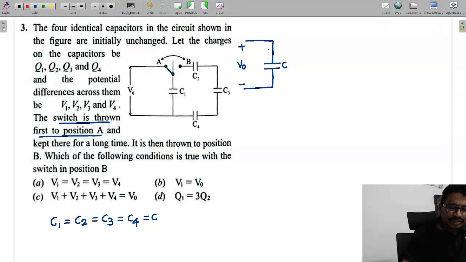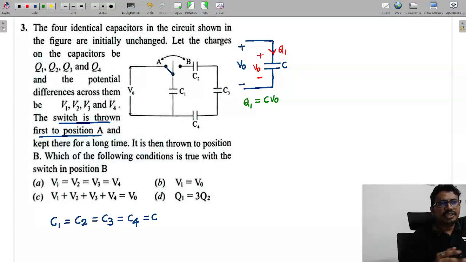Now the charge here is Q1. The potential difference across this capacitor is V0 only. So the charge in the capacitor C1 is C into V0.